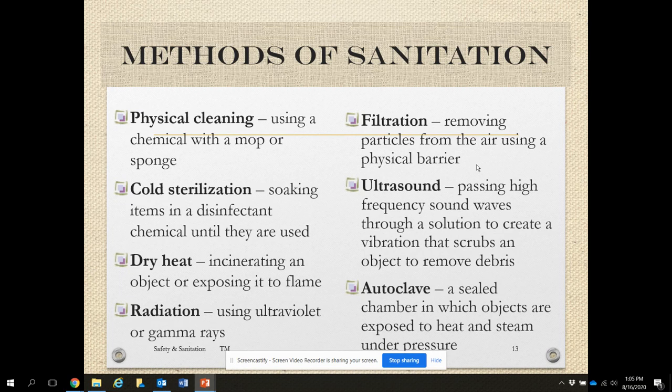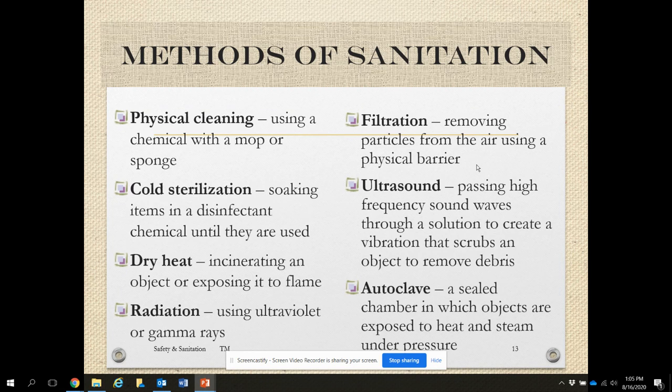Then there's ultrasound. So it's passing high frequency waves through a solution, and it can get into all those crevices. This can be used in surgical instruments. You put your instruments in the solution and turn on the ultrasound, and it sends waves through the solution, and it can get all that debris that's in the little crevices of those surgical instruments.